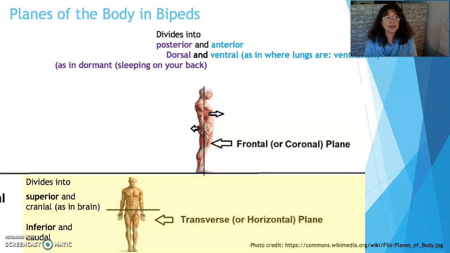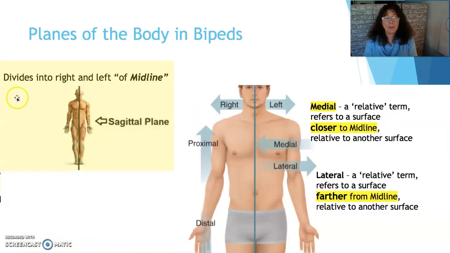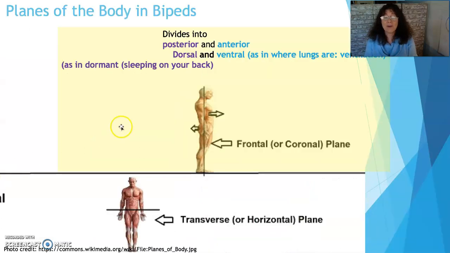Know your areas in terms of right and left of midline in the sagittal plane. Know it, study it. And know your anterior or ventral in terms of the frontal plane, and your posterior or dorsal in terms of the back of your frontal plane.